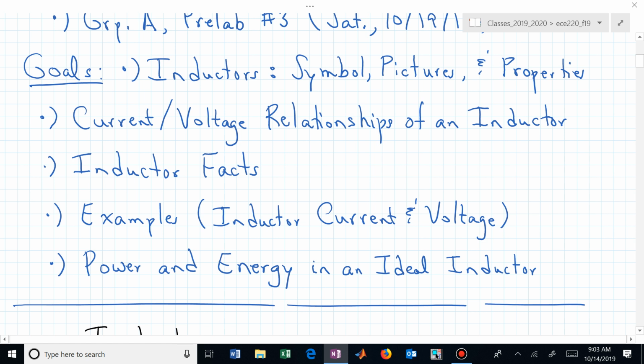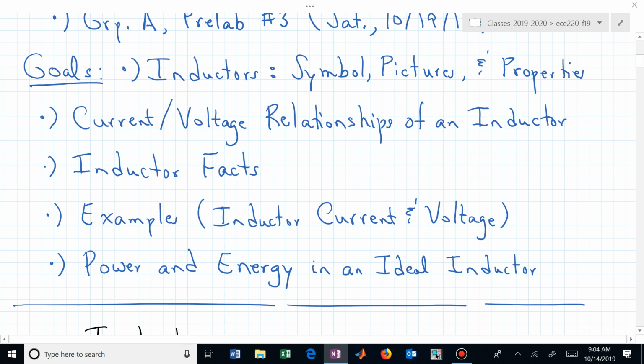We'll look at the current voltage relationships of an inductor. They are now no longer static like Ohm's law. Now Ohm's law generalizes, and we have a differential relationship between current and voltage for an inductor. And why? Because it actually stores energy. A resistor doesn't store anything.